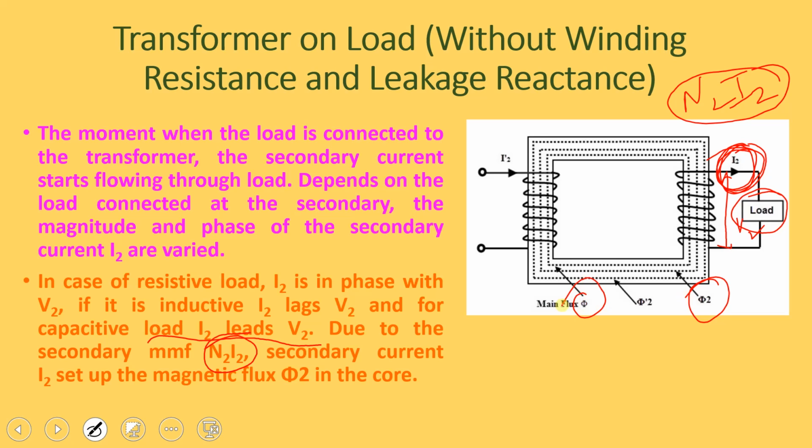So a flux phi 2 dash is to be produced on the primary side to oppose this phi 2 flux, so that the main flux remains the same.